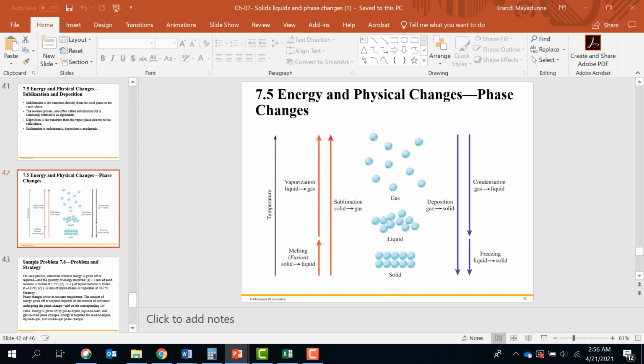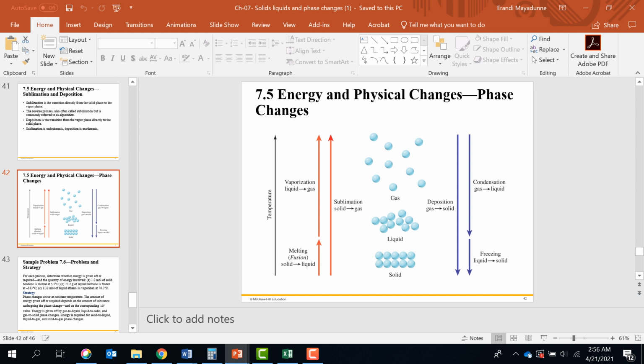I want you to look at this table. You have solid, think about ice, water, and the gas phase. The phase change from solid to liquid we call melting, another word is fusion. You need to provide energy. And then liquid becoming gas is called vaporization. You still need to provide energy.